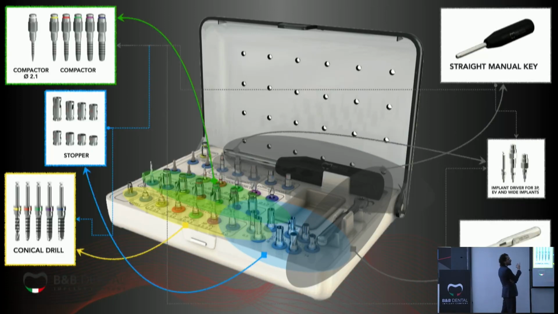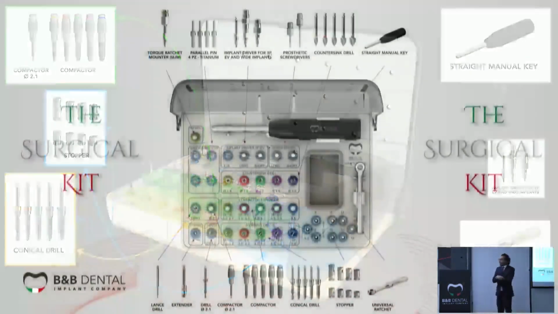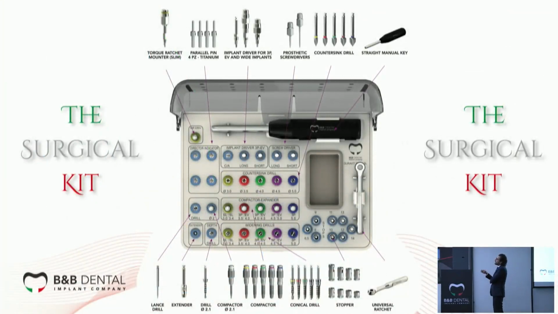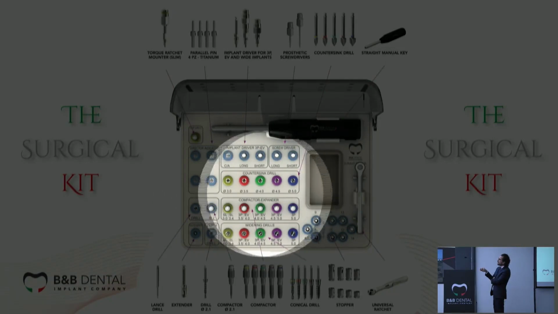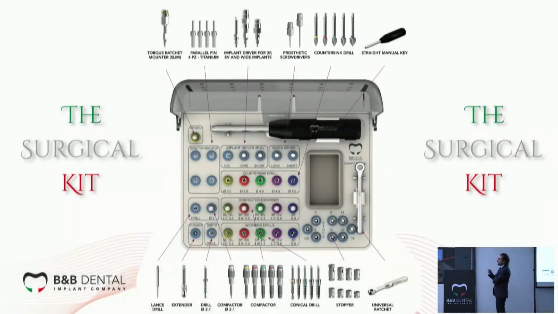So we can use the straight manual key and the compactors on the upper jaw, and the universal ratchet if we want to condense or split a crest in the lower jaw. And everything is well organized in only one kit with color code.